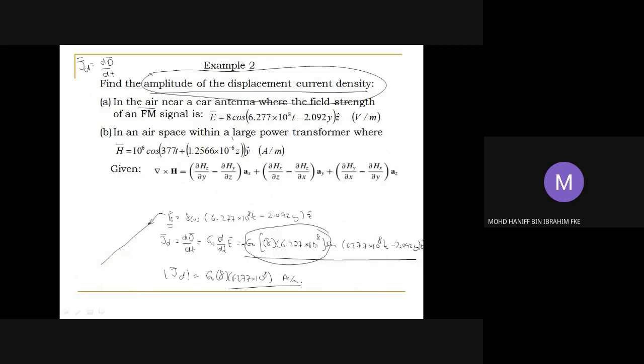So that should be the amplitude of the displacement current density. So based on this example, it can be said that displacement current in this particular case is in terms of a wave. The current is basically in terms of wave.